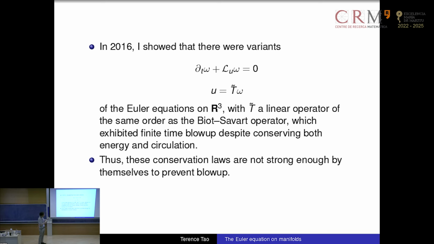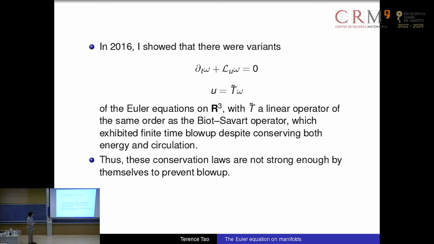The velocity is given from the vorticity by the Biot-Savart law, and you can use some other law. The modified equation has a Hamiltonian form. It still preserves circulation and preserves energy. It has many properties of the Euler equation, but it's not the Euler equation.